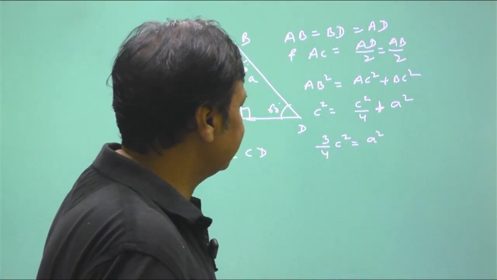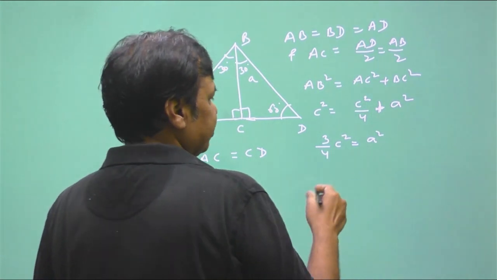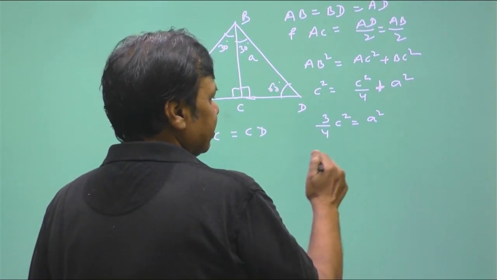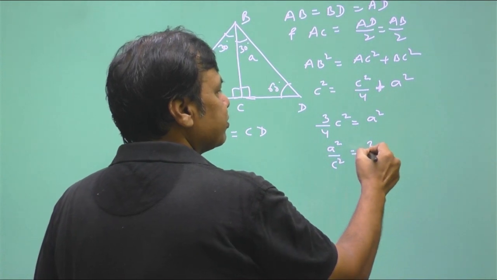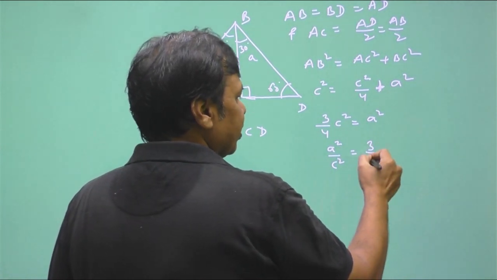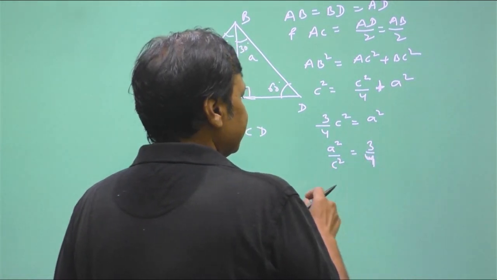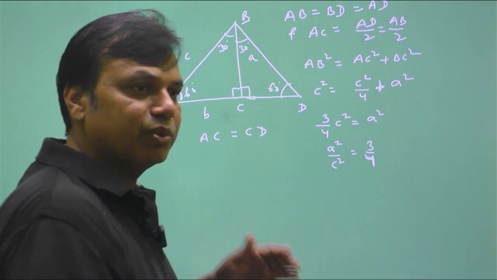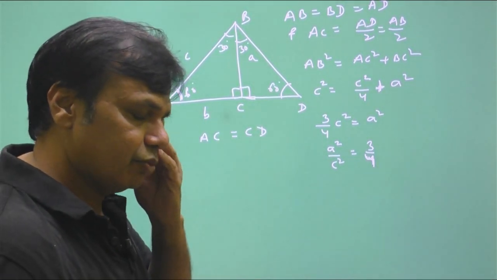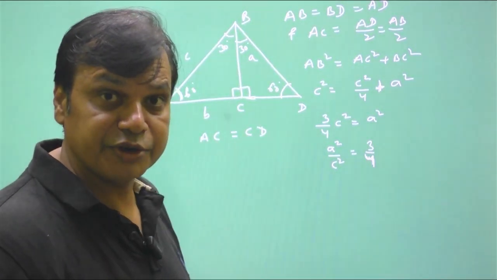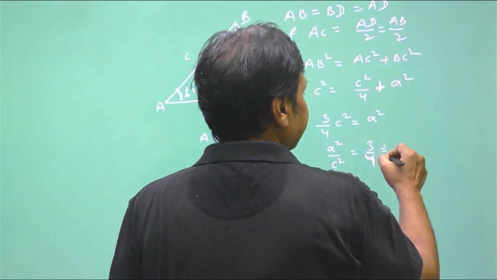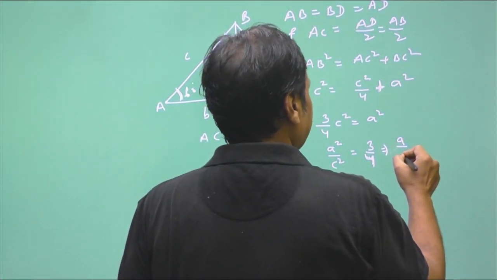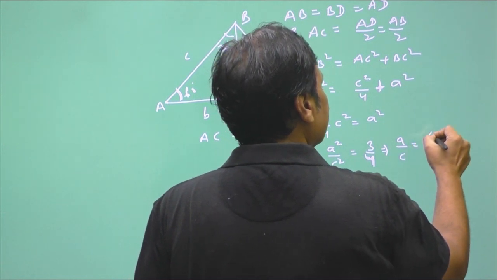You get a square by c square equals 3 by 4. Since a and c both are sides, their lengths will be positive, of course. So taking square roots on both sides, a upon c will be equal to root 3 by 2.